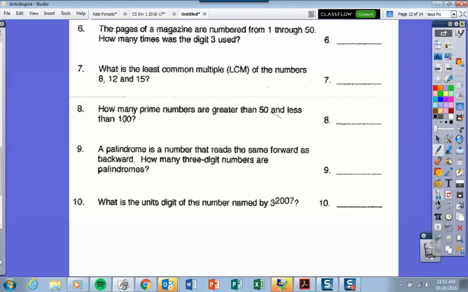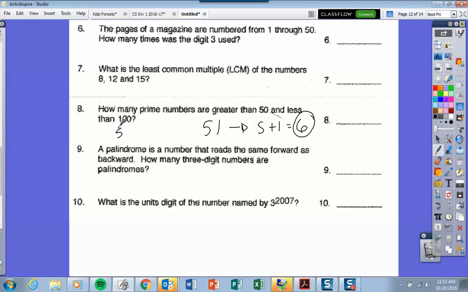As we go through from 50 on up, anything that ends in 0 or 2 is automatically canceled out. Any number whose two digits, such as 51, add up to a multiple of 3, in this case 5 plus 1 equals 6, because this is a multiple of 3, that is then divisible by 3.